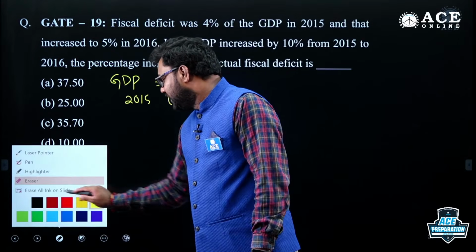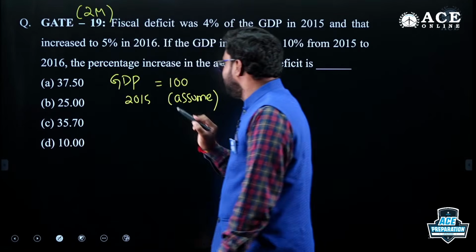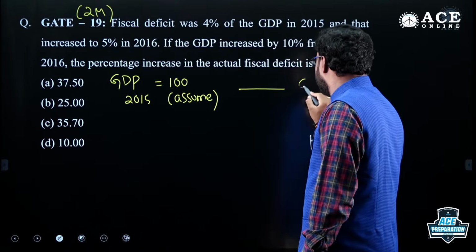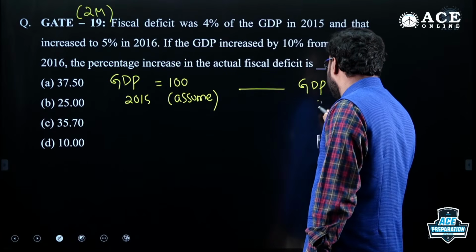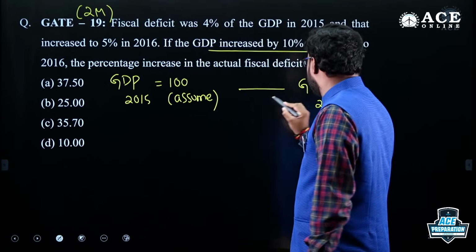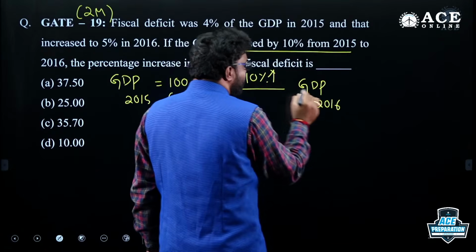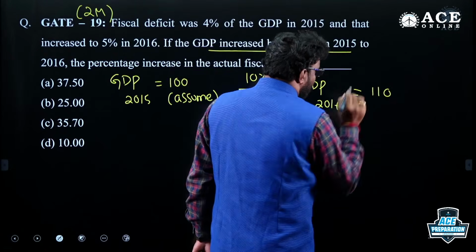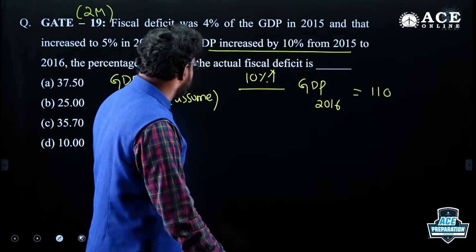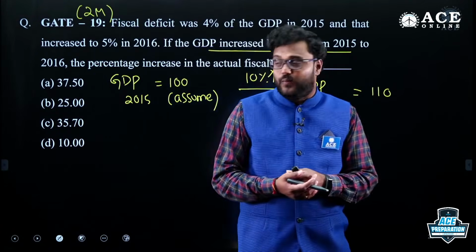Now, GDP in 2015 is 100. GDP increased by 10%, so GDP in 2016 becomes 110. 2015 is 100, 2016 becomes 110, my dear friends.